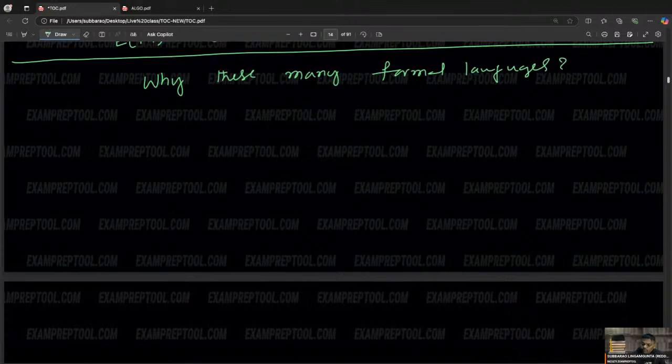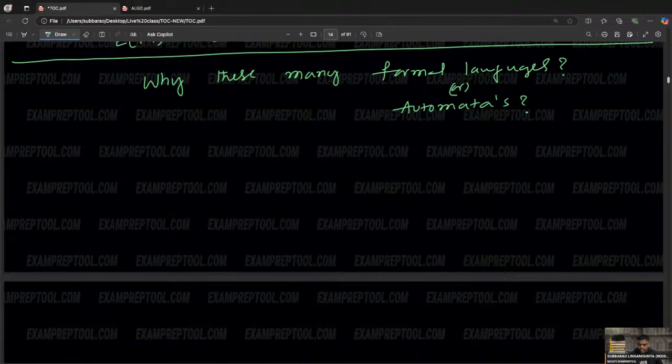Sir, why these many formal languages? Why these many automatas? This is the discussion we are going to have now. Why these many formal languages or why these many automatas?